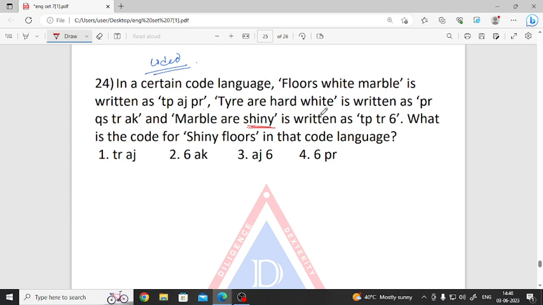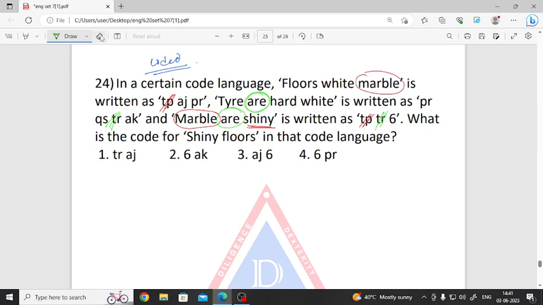So if we look closely, marble R, where is marble? We can see marble is here, and the code is TP, which is again TP, so TP should be eliminated. Then we have R. Here we have R. Then here we can see TR, so TR should also be eliminated.